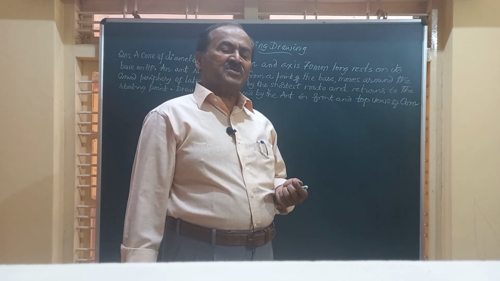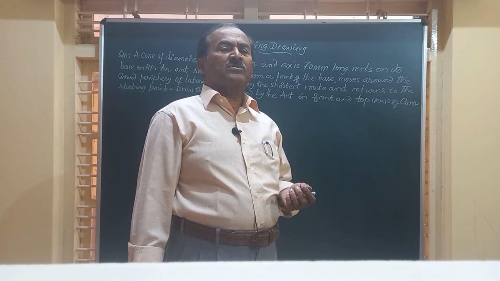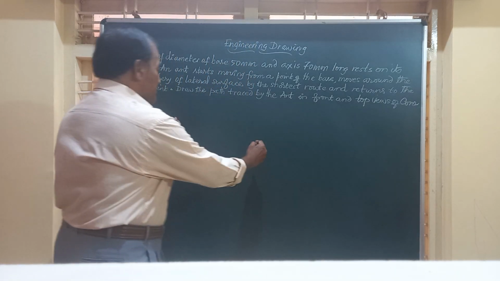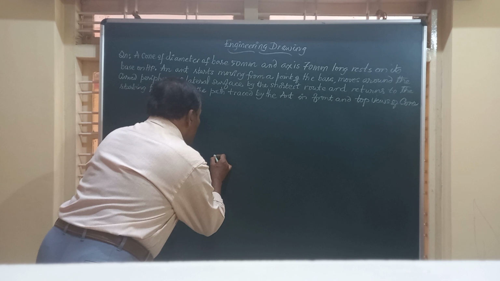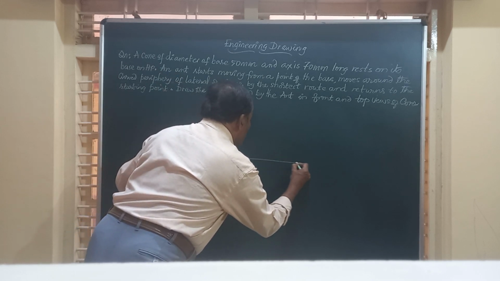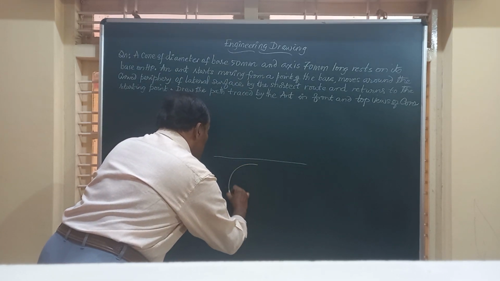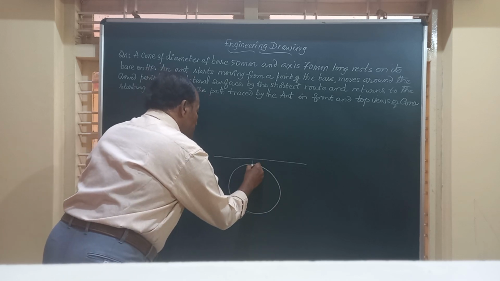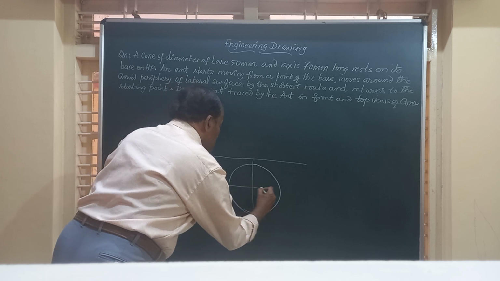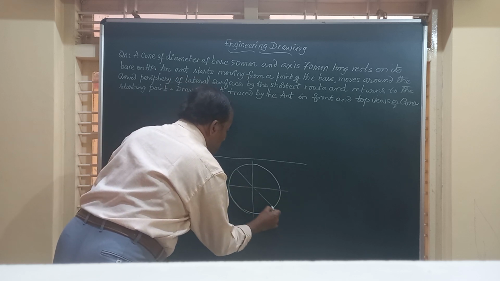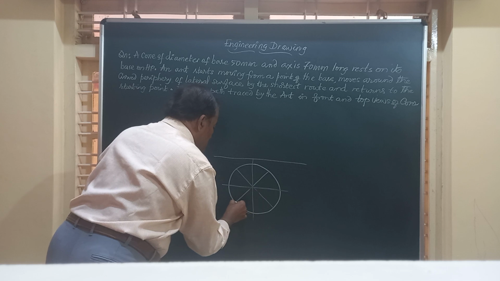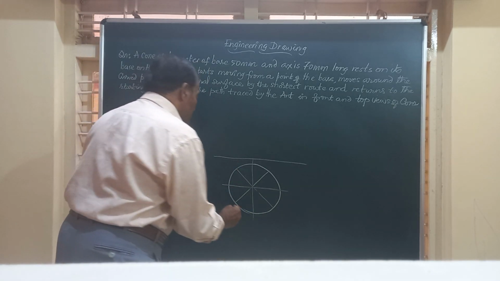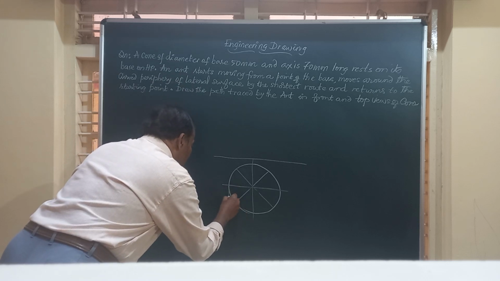Friends, first of all, let us write down the top and front views of the cone to the given dimensions. This is the top view of the cone, which has a diameter equal to 50 millimeter.